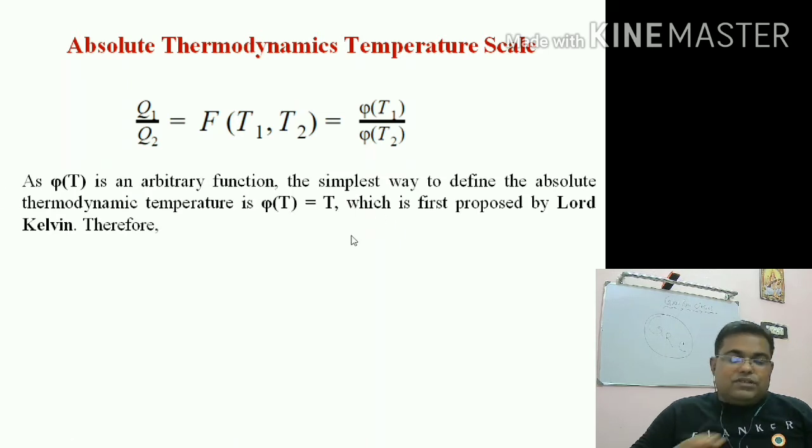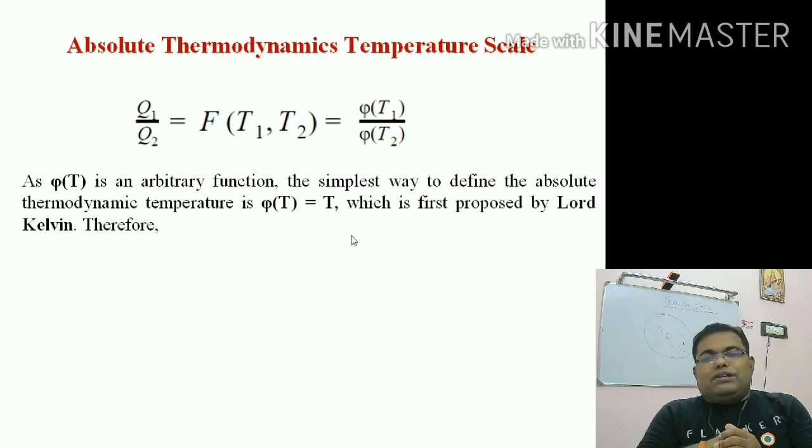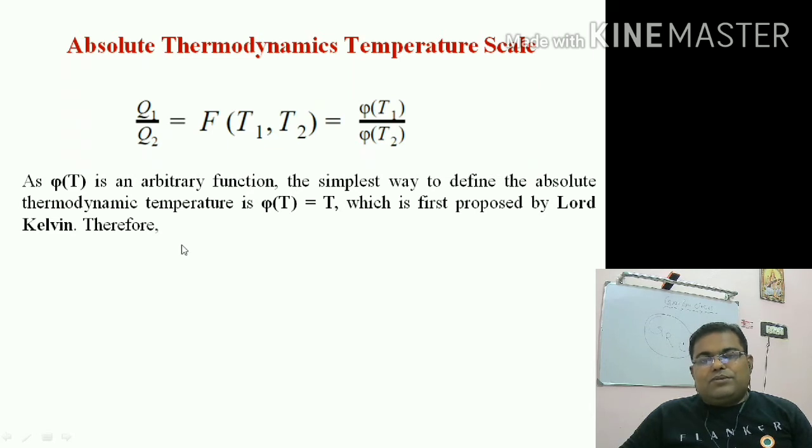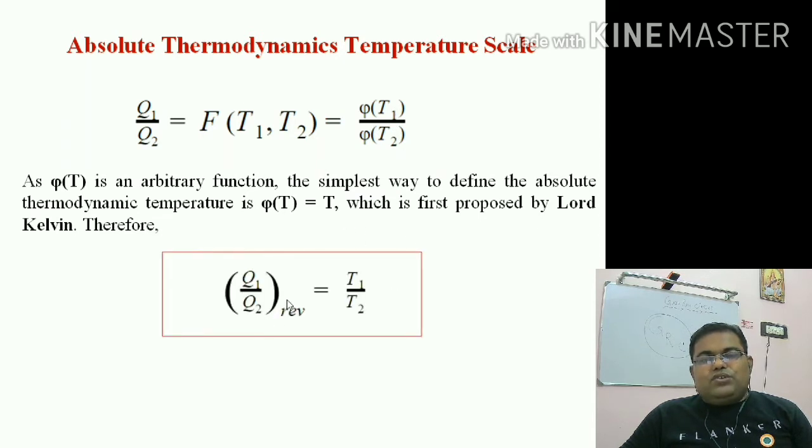The simplest way of defining this arbitrary function is called absolute thermodynamic temperature, which is nothing but phi T equal to T, which is proposed by Lord Kelvin, and that's why we sometimes call this absolute thermodynamic temperature scale the Kelvin scale. So if we represent this arbitrary function of T1 as just absolute temperature T, we can write Q1 by Q2 reversible depends on T1 and T2.